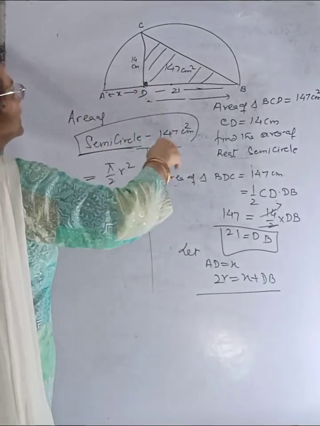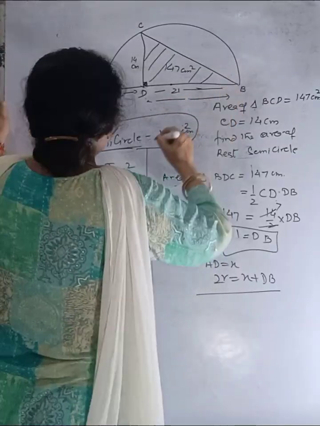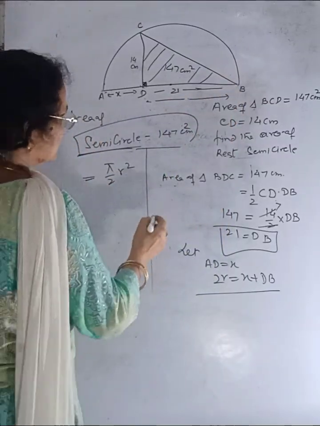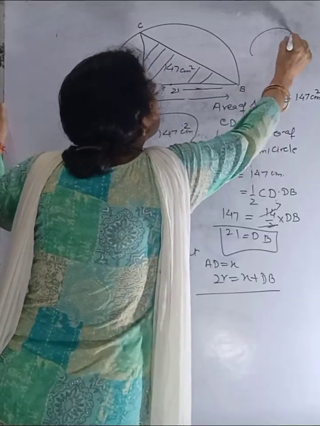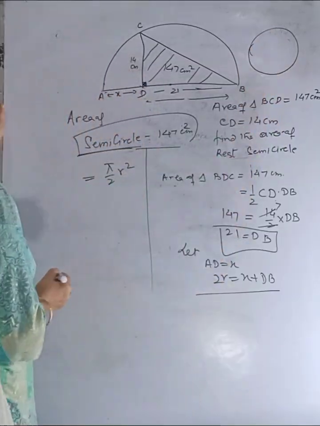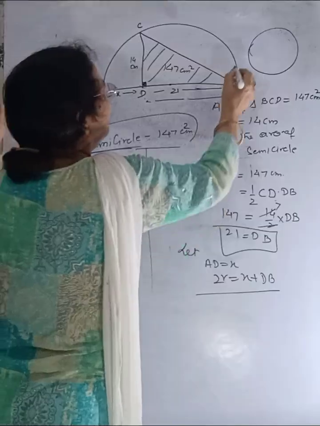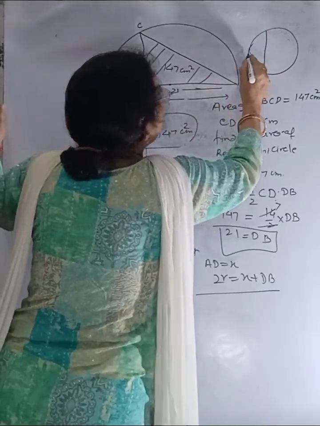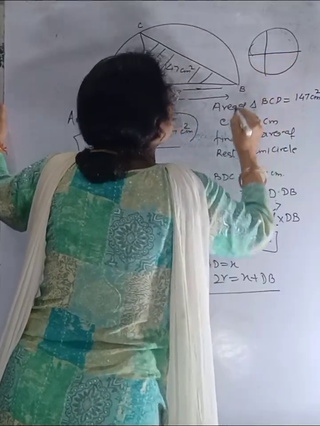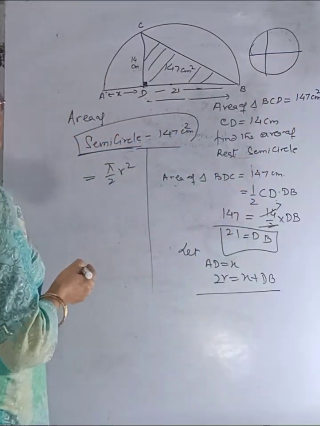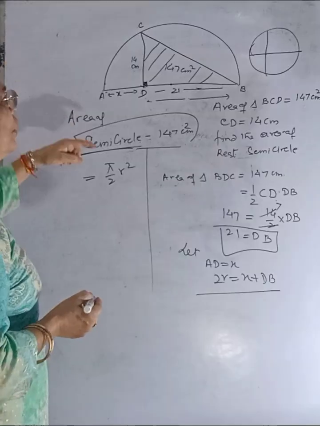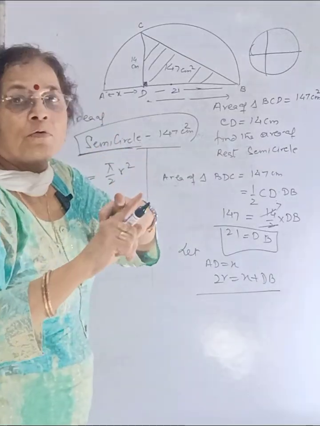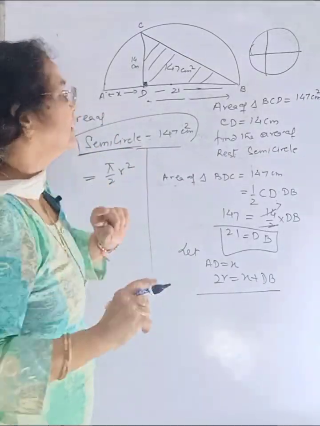If we complete this circle, and this is the diameter, we can apply the theory of crossing two chords inside the circle.